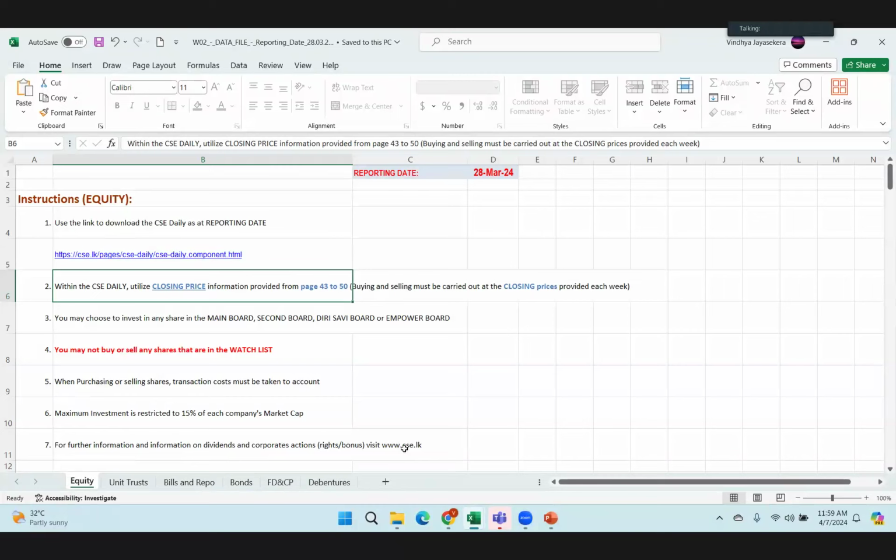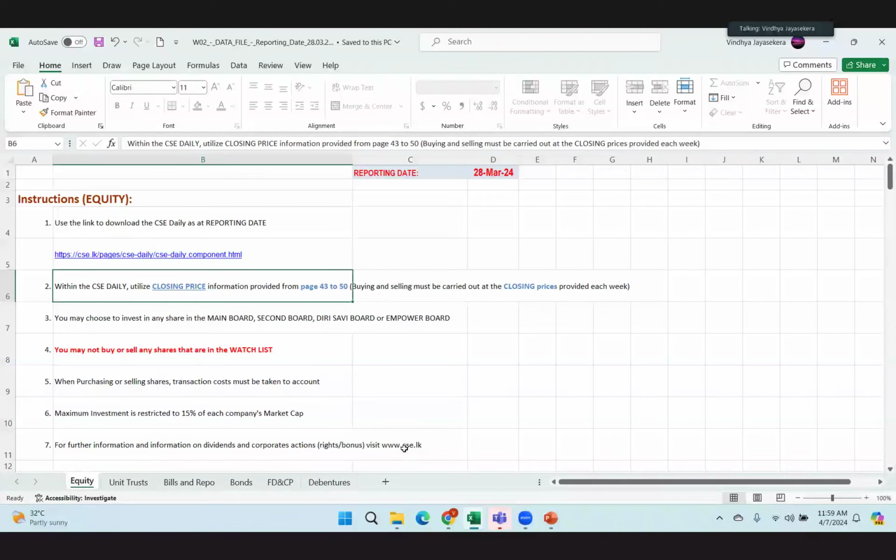So the week 2 file that I sent, the deadline is this Tuesday, which is the 9th. And when I send the week 3 file, the deadline will be next Tuesday, like this.